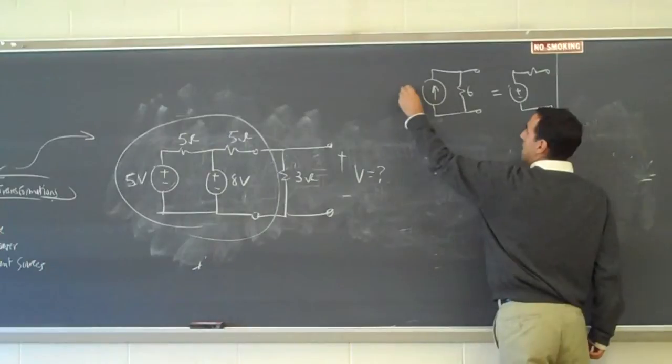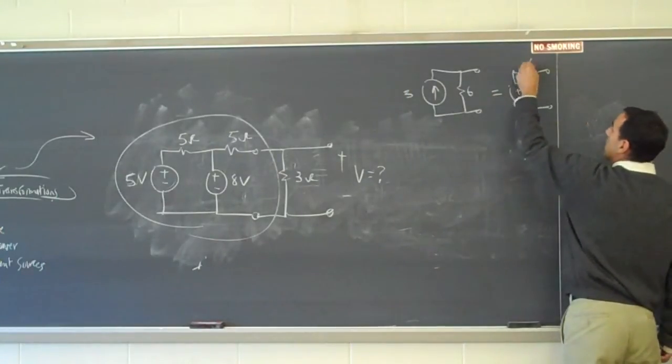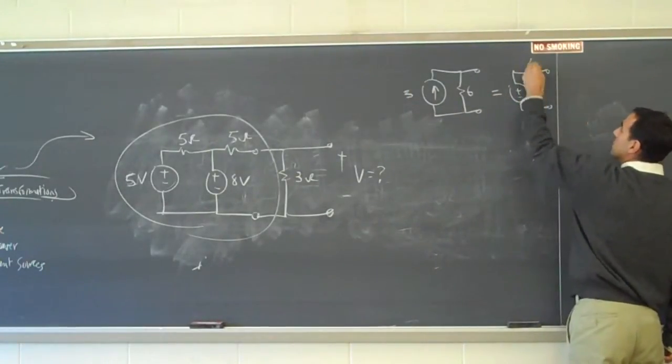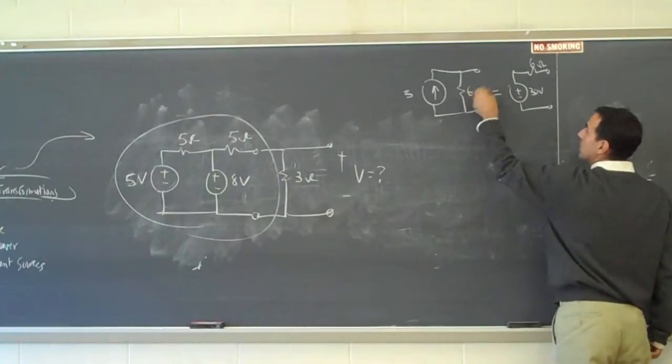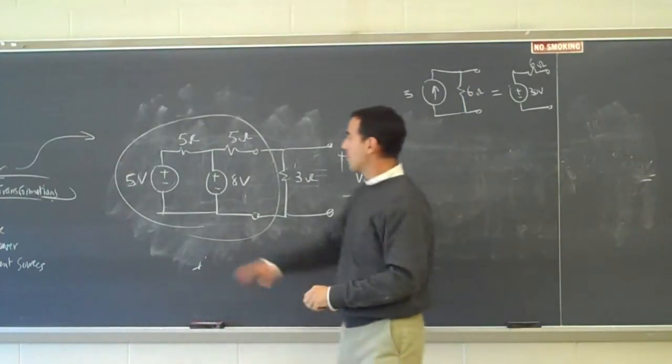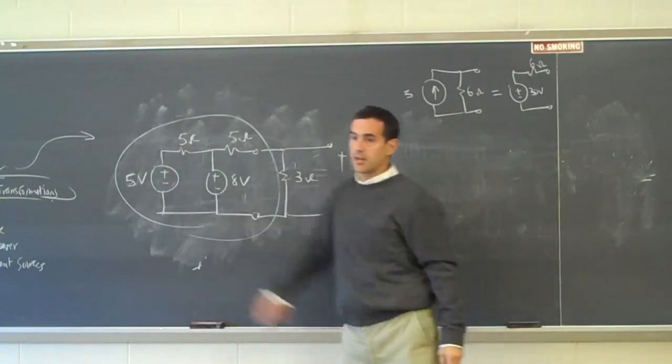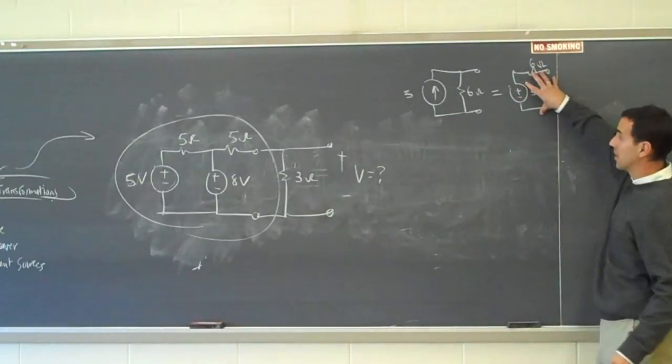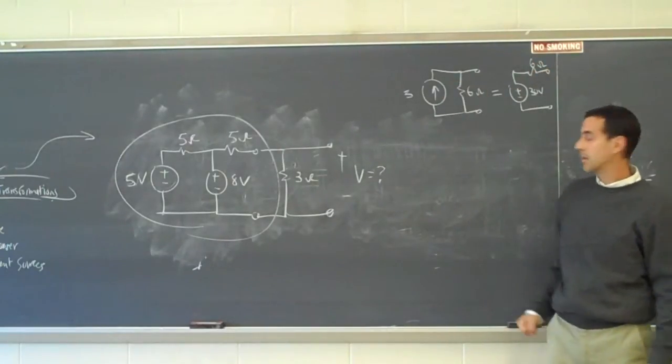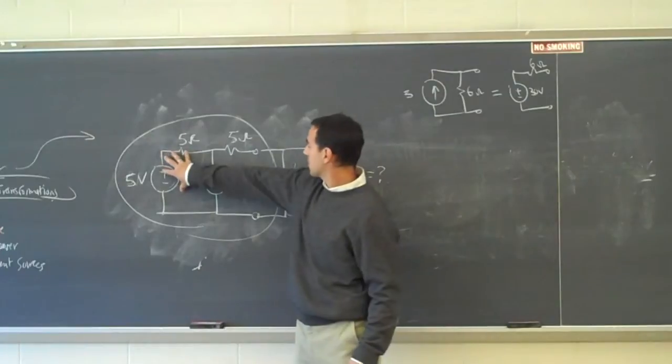Earlier that was 5 amps and 6 ohms, and that was 30 volts and 6 ohms. I'm going to convert this circuit, which matches this, into the Norton equivalent. I'm going to do that for this section.